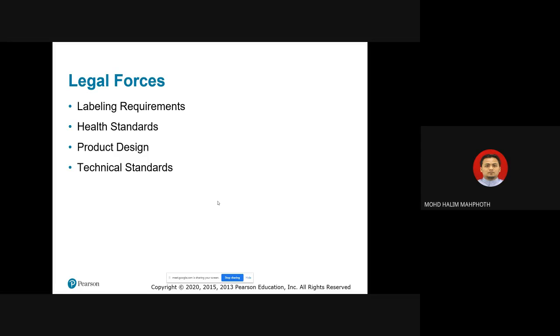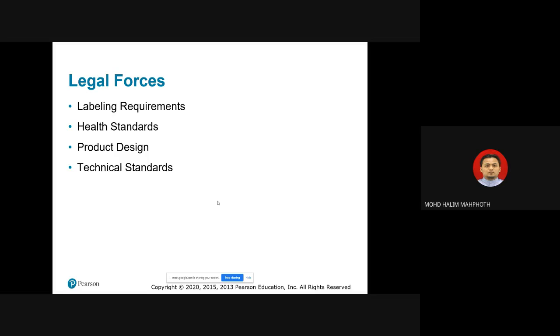Under labeling requirement, make sure you show the ingredients, because some people are allergic, so it is not suitable for people who are intolerant to peanuts or gluten. This should be spelled out on the packaging.